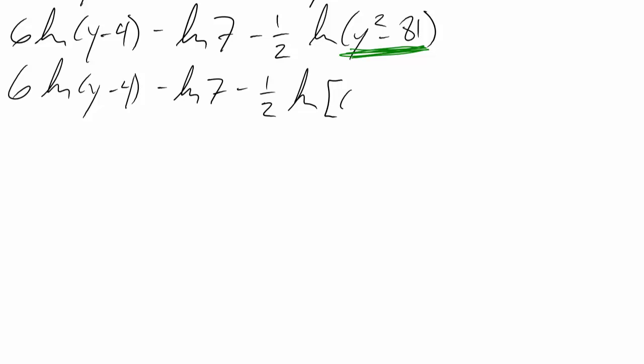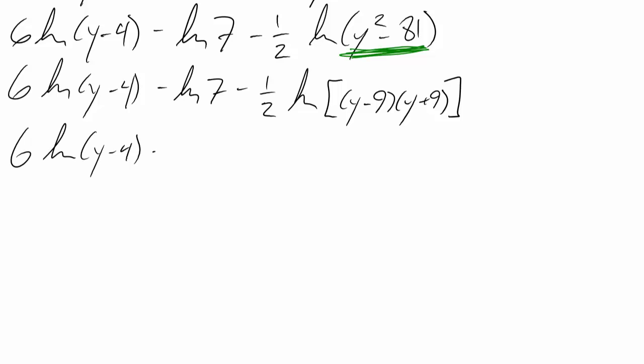Y squared minus 81 is a difference of two squares, so that's y minus 9 times y plus 9. Since that's a multiplication happening inside of a single logarithm, we can rewrite this as follows. We still have our 6 natural log y minus 4 minus our natural log 7 minus our 1/2 natural log of y minus 9.